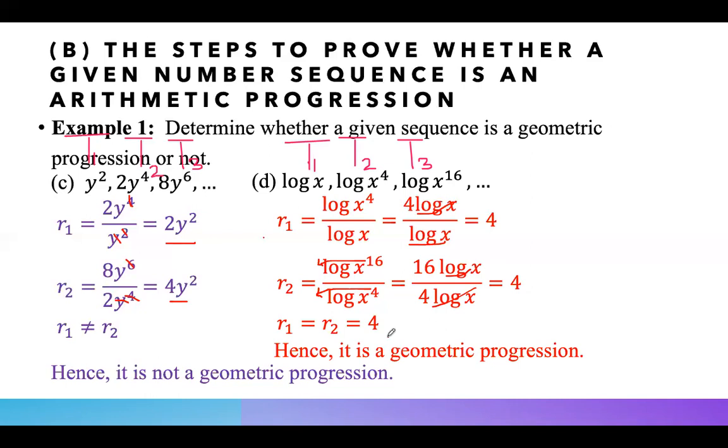So I hope that from example 1 with 4 examples here, you know how to determine whether a sequence is a geometric progression or not, by finding the ratio between term 2 and term 1, and then term 3 and term 2. If the two ratios have the same value, then it is a geometric progression.